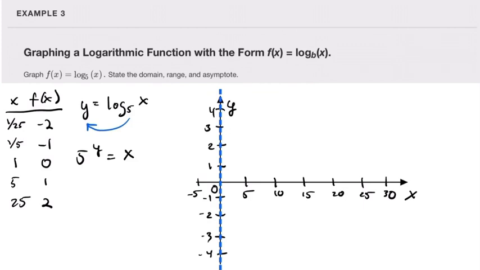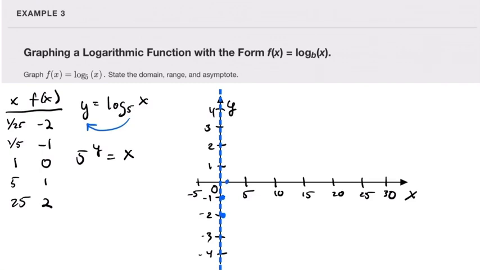Okay. When we're really close to 0, y is -2. So we have a point right in there. And then for 1/5, -1, we're still pretty much really close to 0. And then when x is 1, y is 0, so that's about here.